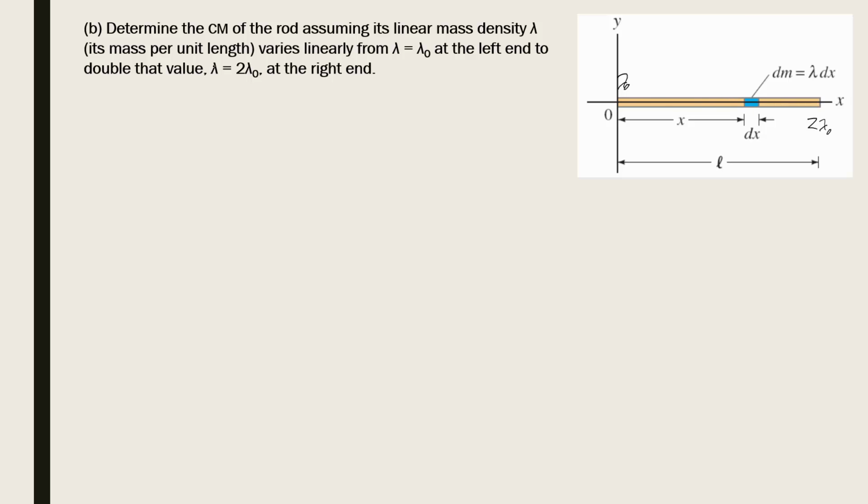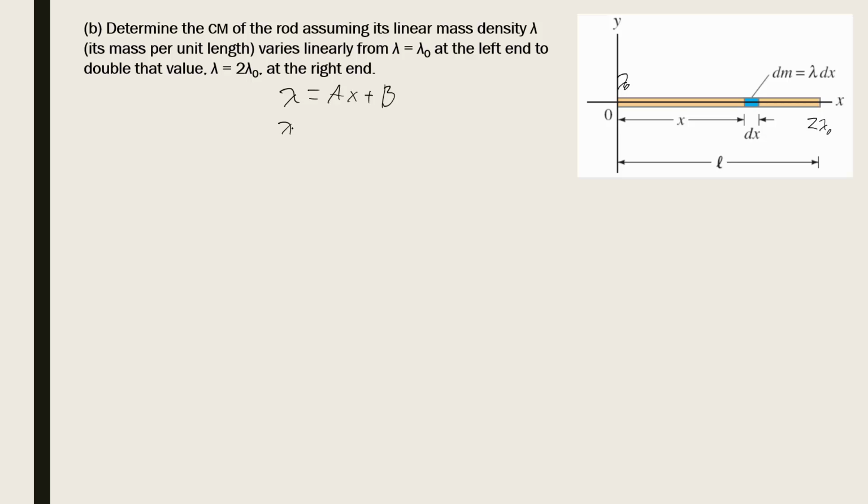So in that case, we need to write lambda as a function of x, and some of you can probably just intuitively figure out what that linear function needs to be, but if not, just start out with a generic linear function. So lambda is going to be ax plus b, and then think about what the values have to be at these endpoints here and plug those in.